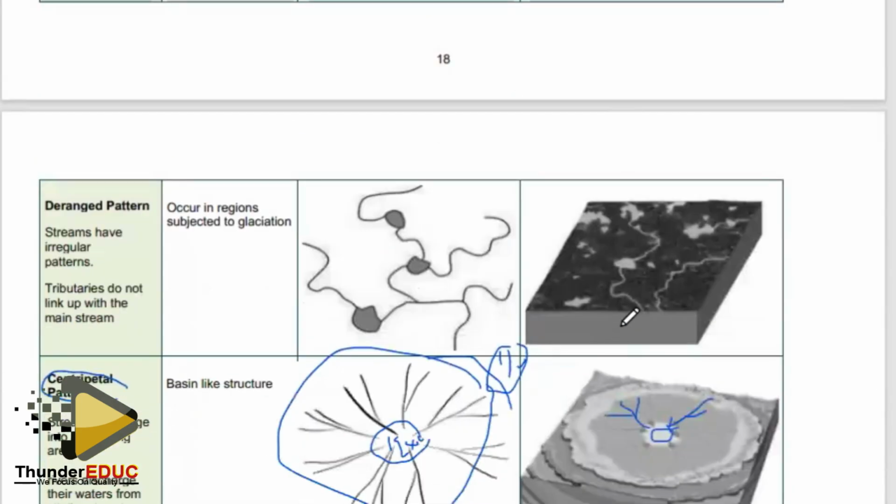Then we go to the last one, which is deranged. Deranged is not very common, but it's a typical drainage pattern which happens in areas of glaciation, where there is melting ice.